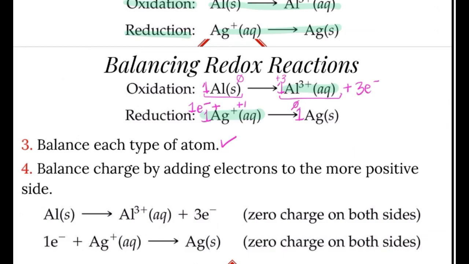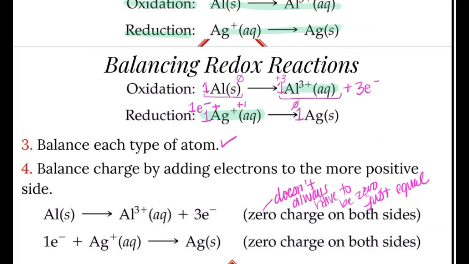You just need to make sure that you have a balanced charge. It doesn't always have to be 0. It just needs to be equal charge on both sides. That's why we say pick the more positive side and make it equal.